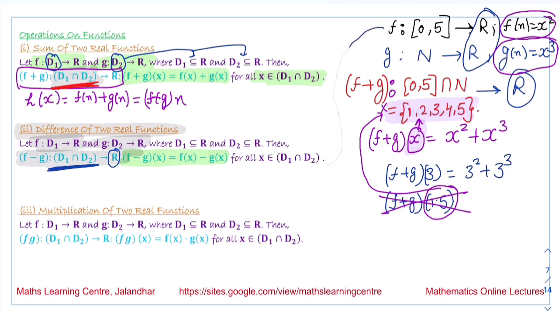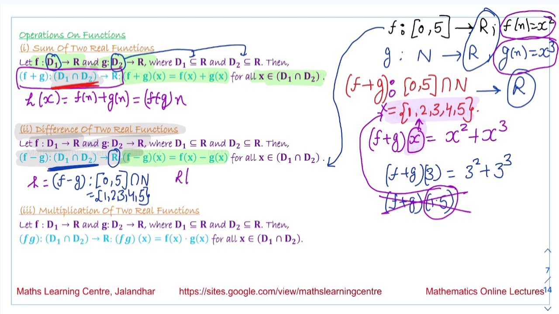So in this case, f minus g is the function whose domain is [0, 5] intersection N. This set is equal to {1, 2, 3, 4, 5}. Say this new function h(x) that we have obtained, this function is h.